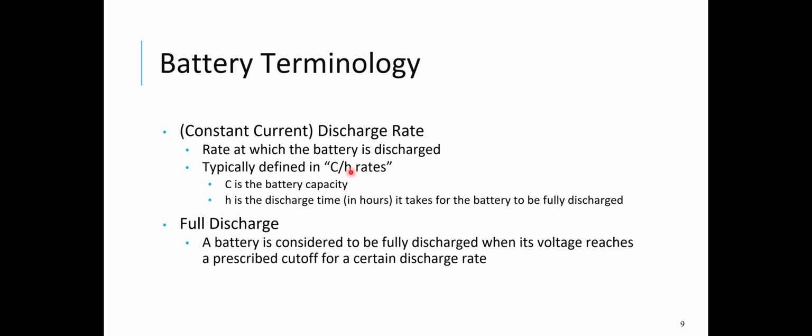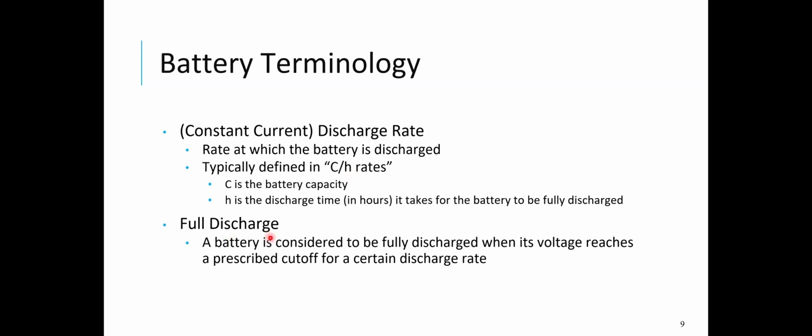That's called a 10C rate. So I'm discharging the battery at a C rate that's higher than its capacity. And similarly, if I take the 10 amp hour battery and I discharge it at 1 amp, that's called a C over 10 rate. So that's the discharge rate.